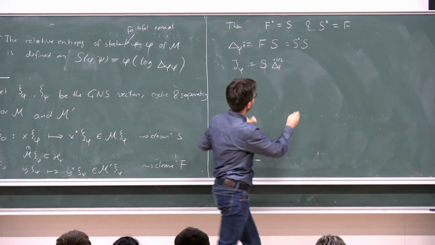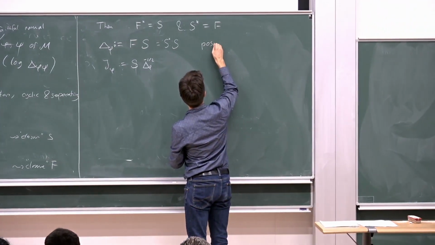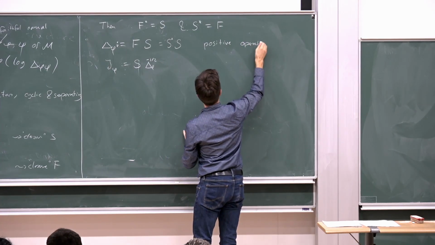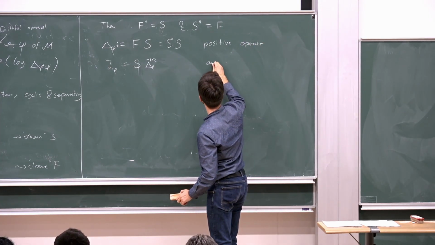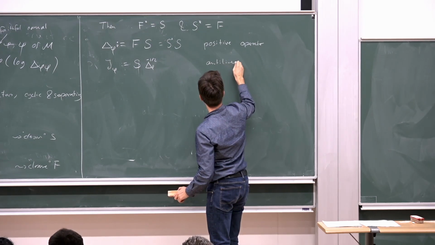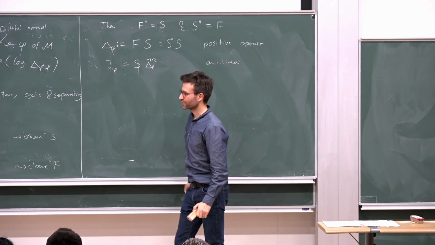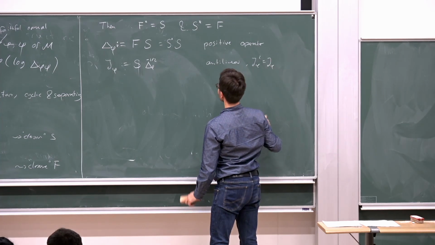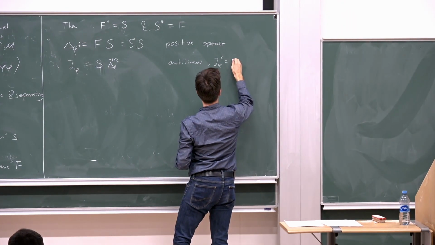So this is a positive operator, linear, and this is antilinear, in such a way that if you take the square, you get identity.